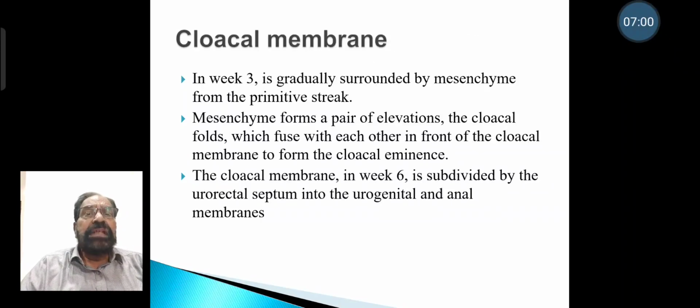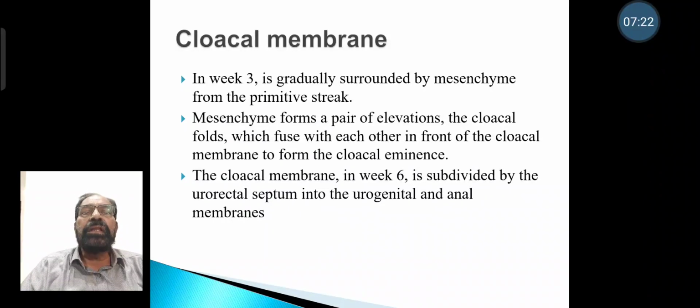Cloacal membrane in week 3 is gradually surrounded by mesenchyme from primitive streak. Mesenchyme forms a pair of elevations, the cloacal folds, which fuse with each other in front of cloacal membrane to form the cloacal eminence.